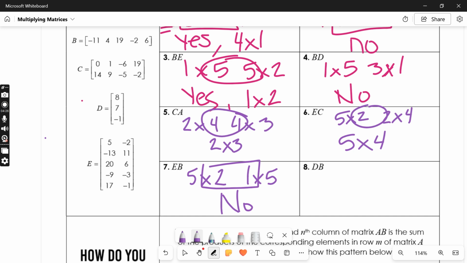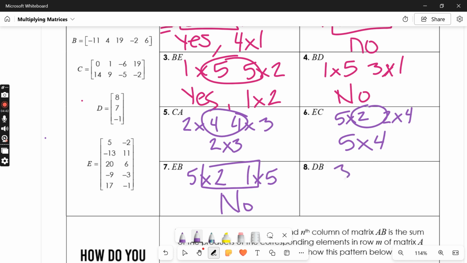And then lastly, D is a 1 by 3. And B is a, hold on, I wrote that backwards. Silly me. Try that again.